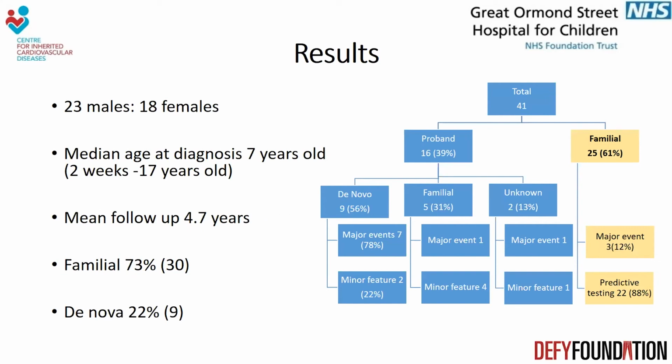Of the 41 patients, 73% were hereditary and 22% were de novo mutation. As expected, major events are more prevalent in probands and also those with de novo mutation, as opposed to those with known family history of vascular EDS.